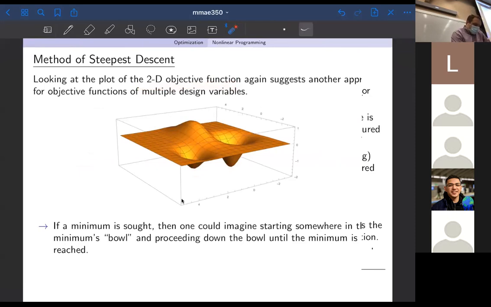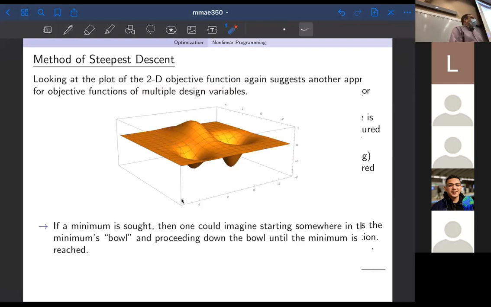Imagine yourself standing on this topographical map someplace, and you just go down in the direction of steepest descent. You stand at your location, look around you, and determine the direction that has the steepest slope. You can think of it as standing there and dumping a cup of water and seeing where the water goes. The water is going to follow the steepest slope downward. So that's the method of steepest descent.